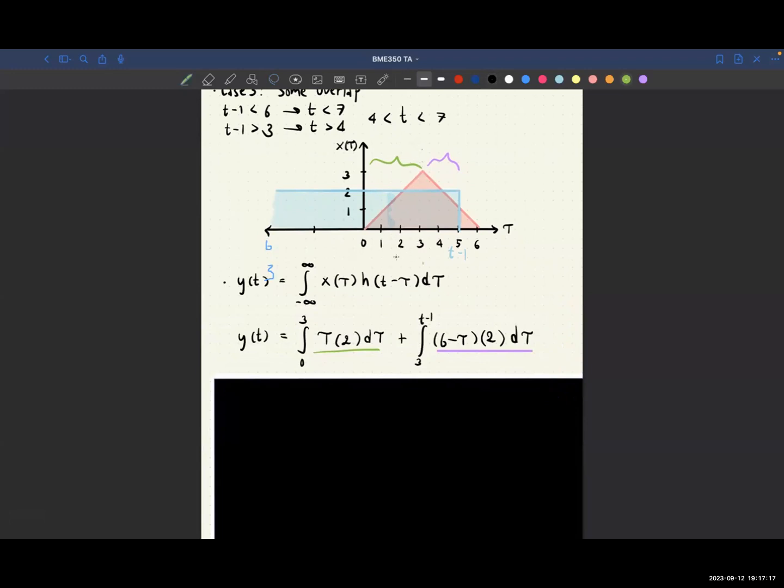When t is less than 3, it's just going to be t, right? And we change our t into tau. So the equation of the graph here is going to be tau. And after that, our equation is going to be 6 minus tau, right? Because it used to be 6 minus t. Now, let's observe the boundary condition here.